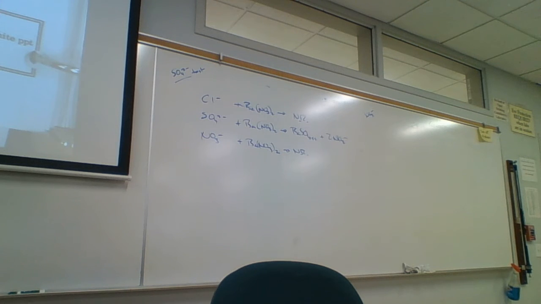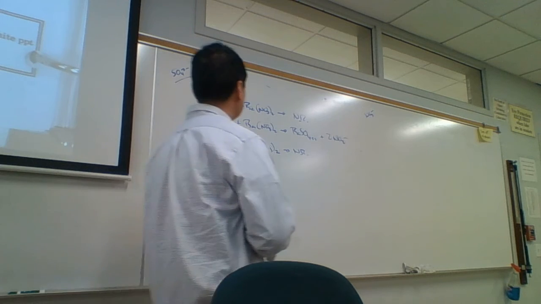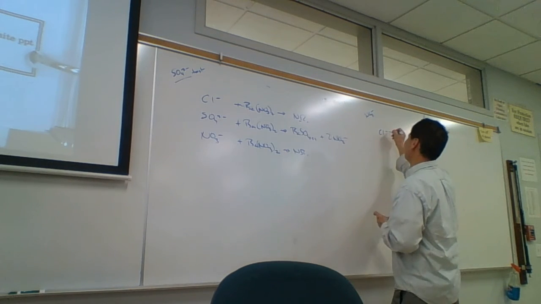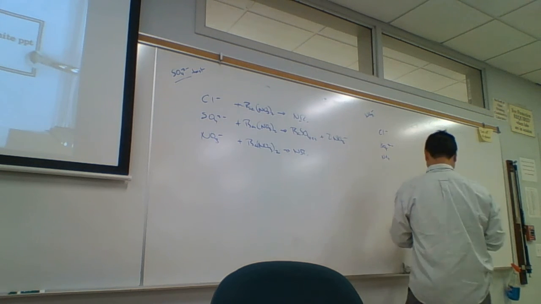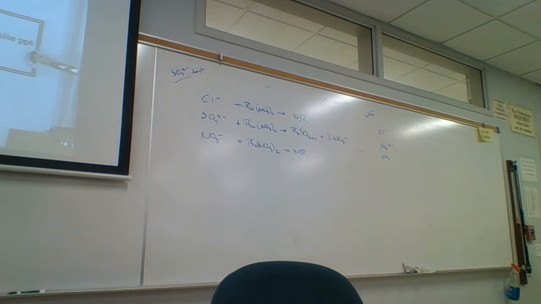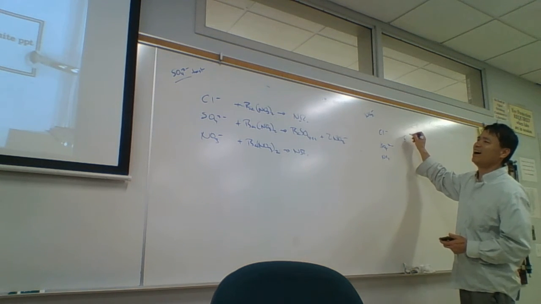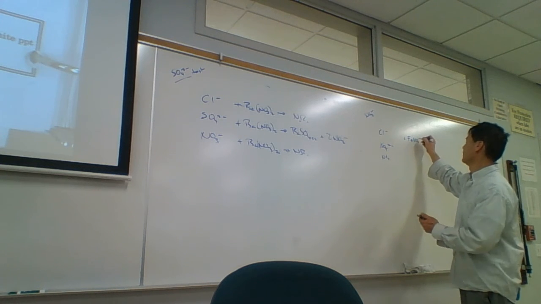And so take a look at this first part, and then let's do this. We're going to go chloride with sulfate and nitrate. And then tell me what happens when we add FeSO4, if anything happens here.